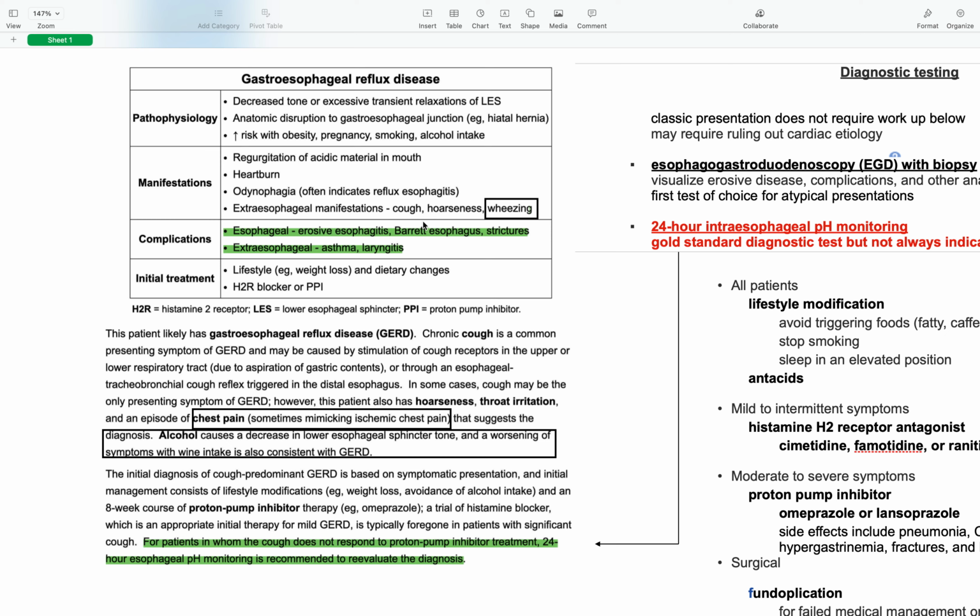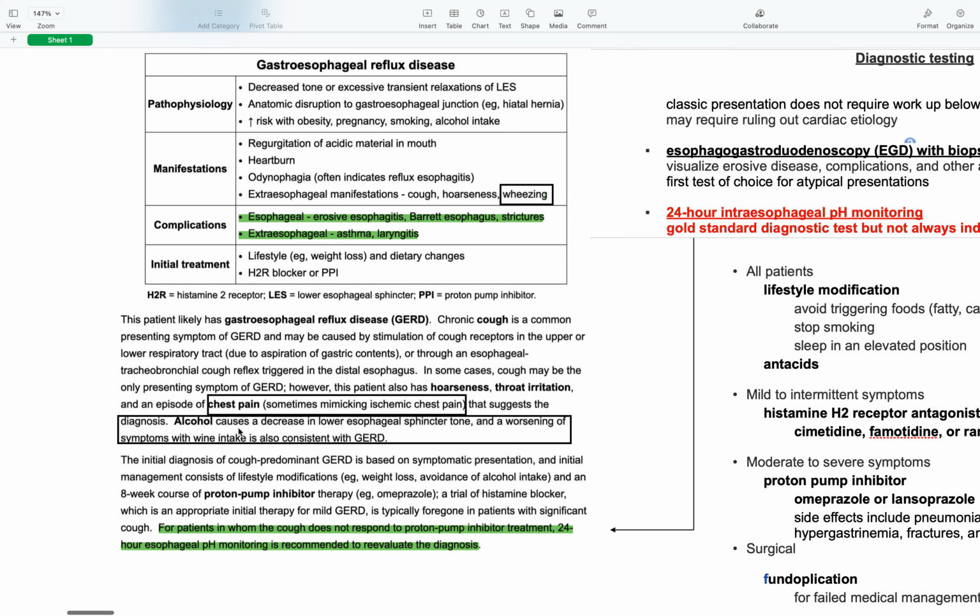So the best initial treatment would be lifestyle modification along with dietary changes and some medications like proton pump inhibitors and H2 receptor blockers. Remember that sometimes patients with GERD can also present with chest pain, and chest pain must be further evaluated as it mimics ischemic chest pain.